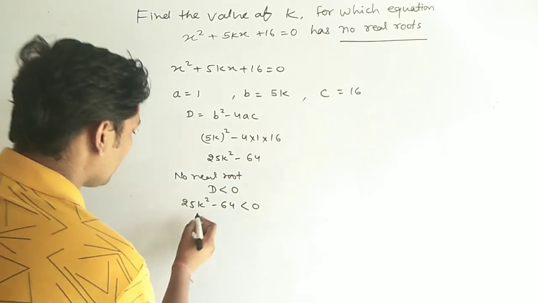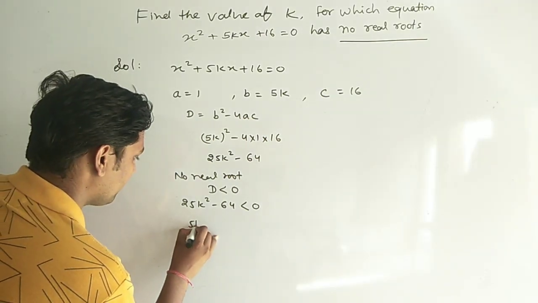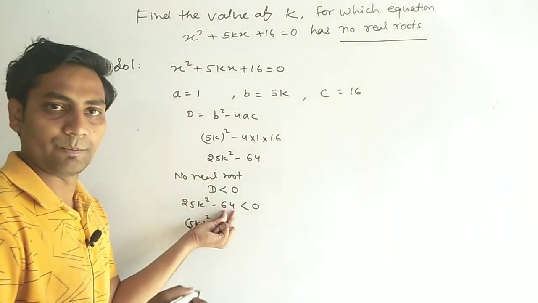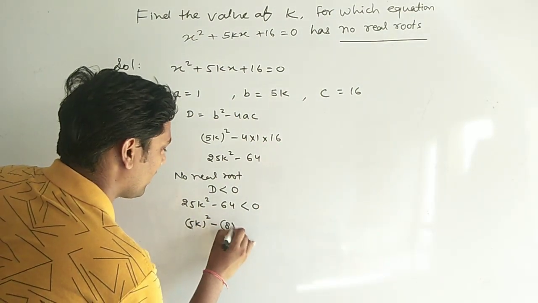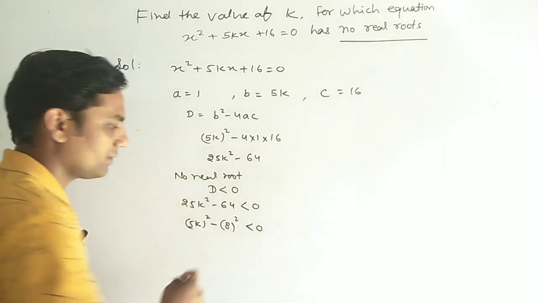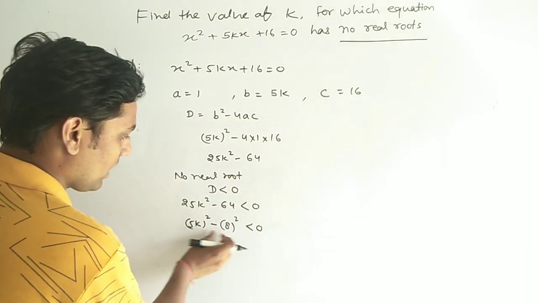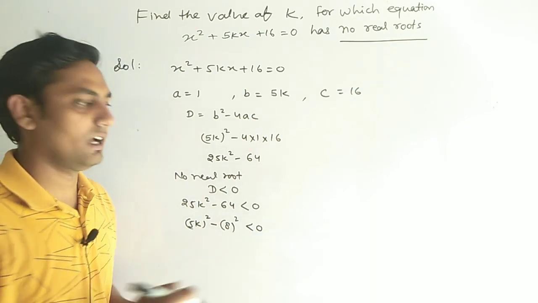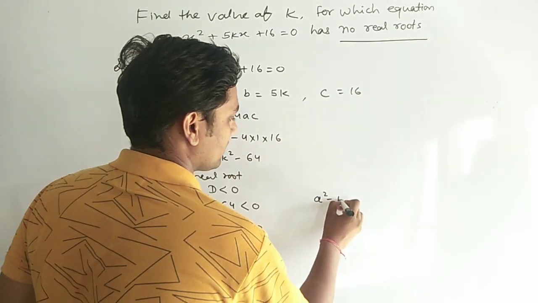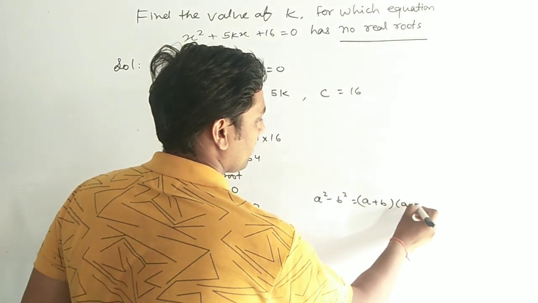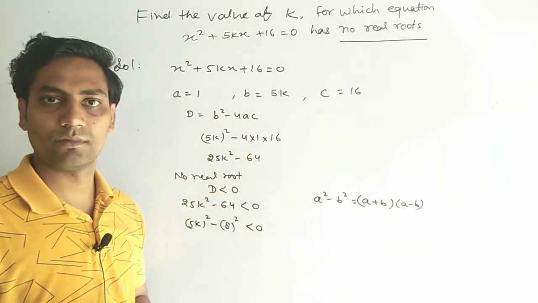Now we can write (5k) whole square minus 64, so we can write square of 8, less than 0. Now here a square minus b square, the algebraic formula, means (a plus b) and (a minus b).